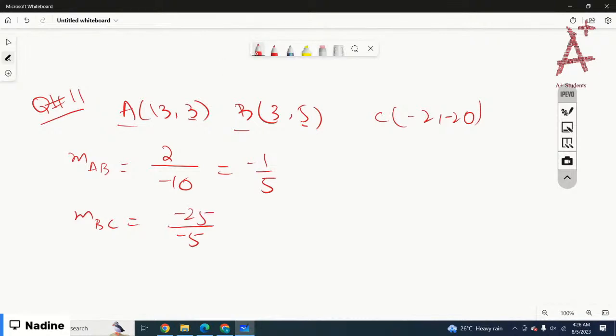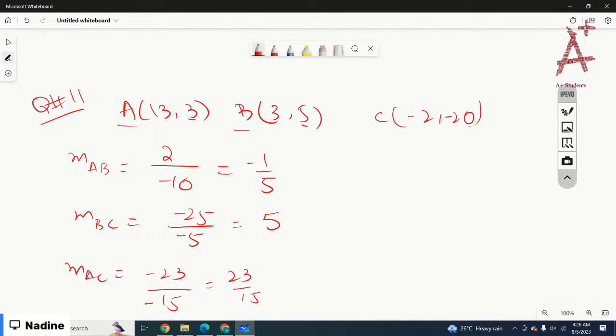And negative 2 minus 3 is negative 5. That would be 5 times 5 is 25, right? And the same way you have to calculate the slope of AC. Negative 20 minus 3 is negative 23, and negative 2 minus 13 is negative 15. So that is 23 over 15.